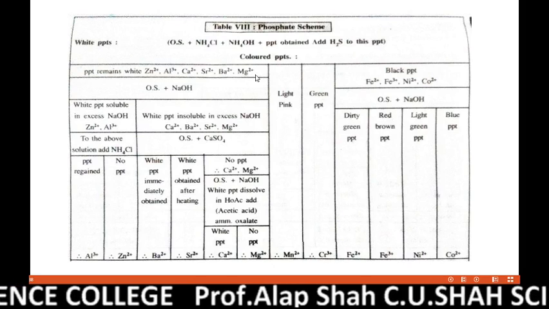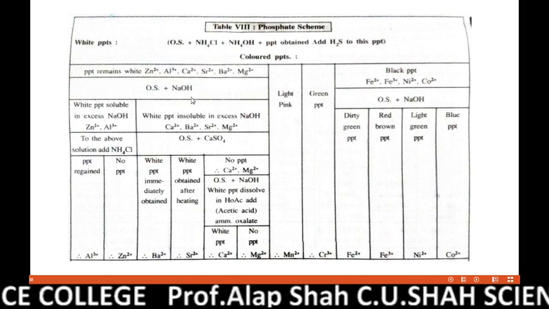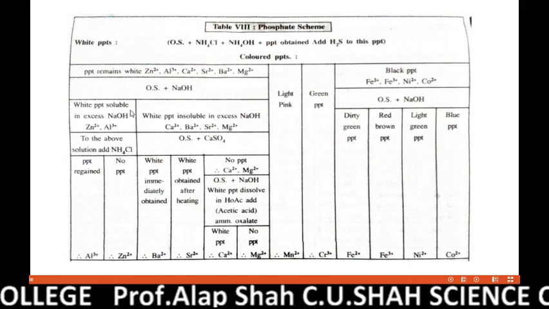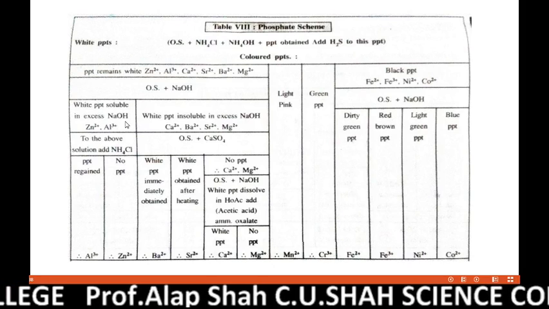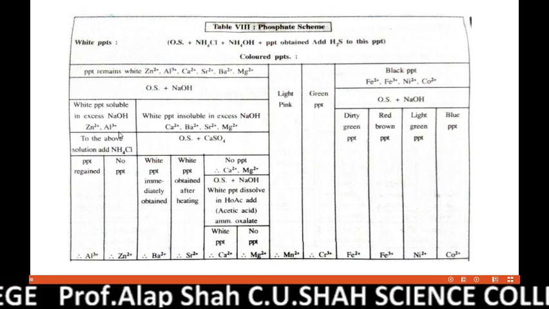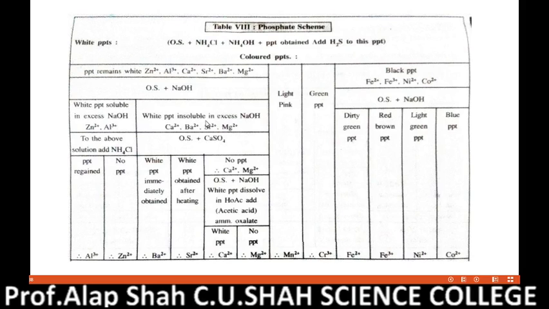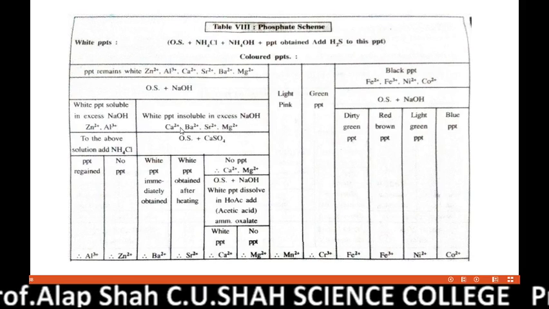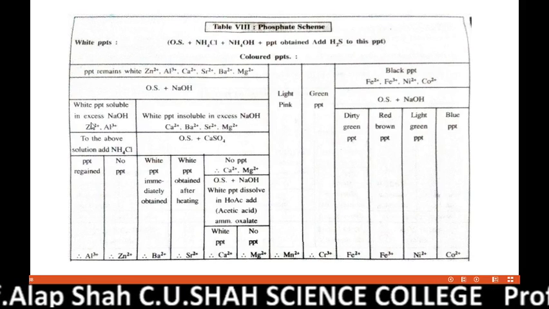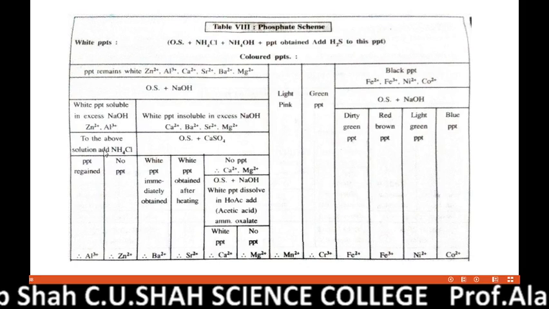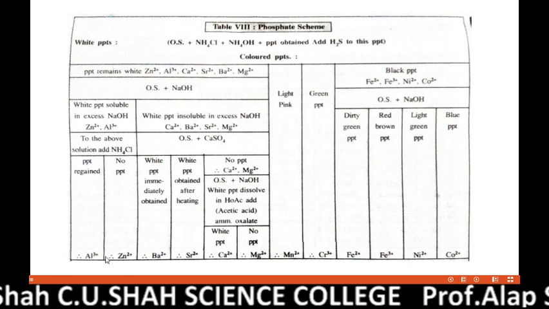In the case of white precipitates, OS plus NaOH, you will get white PPT. Add excess NaOH, and if it dissolves, then there can be zinc and aluminum. But if the white precipitates remain insoluble in excess NaOH, then these four can be present. Suppose you get these two, then perform further separation and determine which one is present.